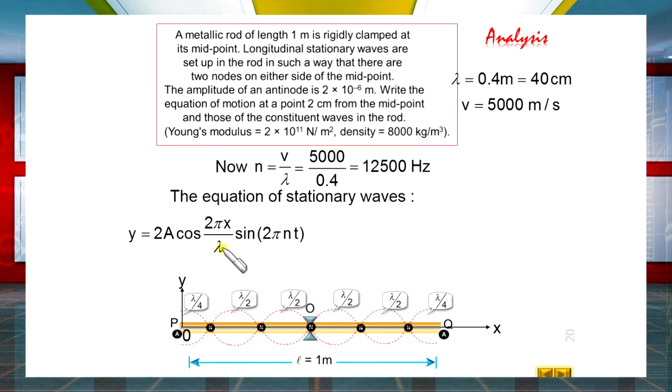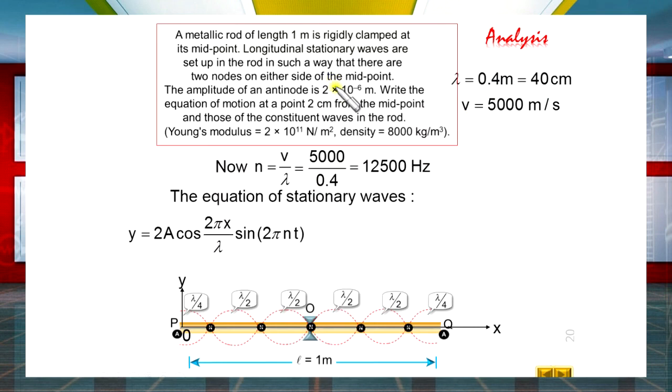Now we know the value of lambda, right? We know the wave velocity also, and we know the frequency also. So we can substitute the frequency, that is 12,500, and the wavelength, that is 0.4.